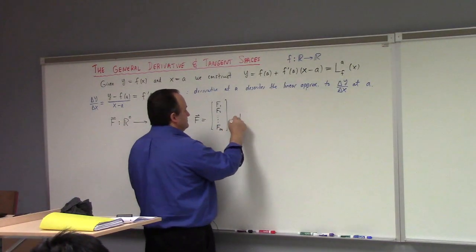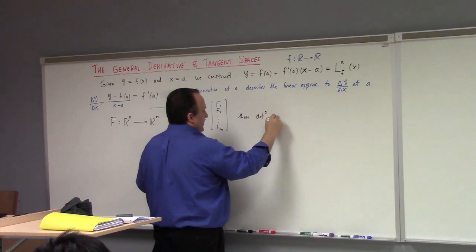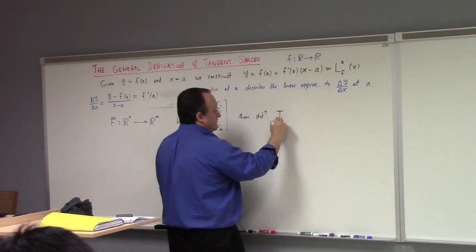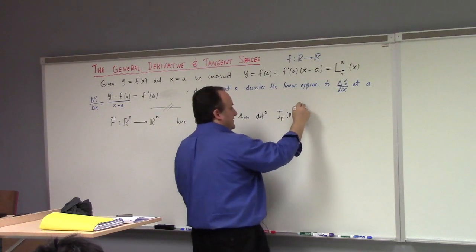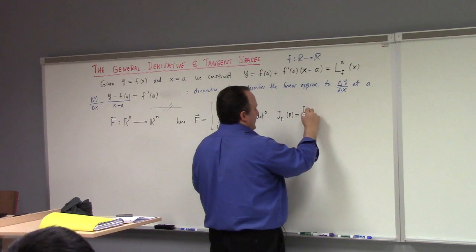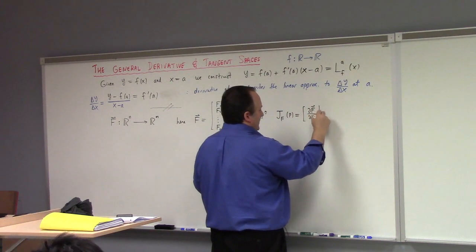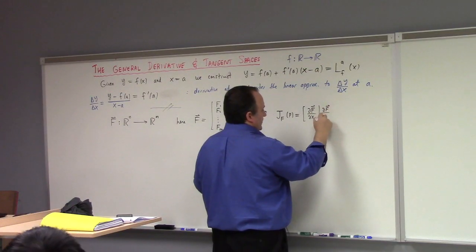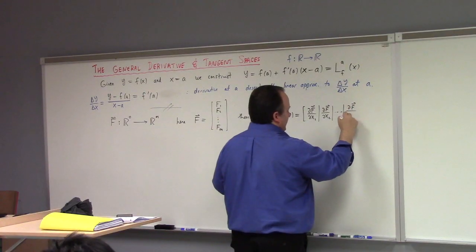Then we can define the Jacobian of f at a point P as the following matrix. It's partial f, partial x1, partial f, partial x2, all the way out until partial f, partial xn.